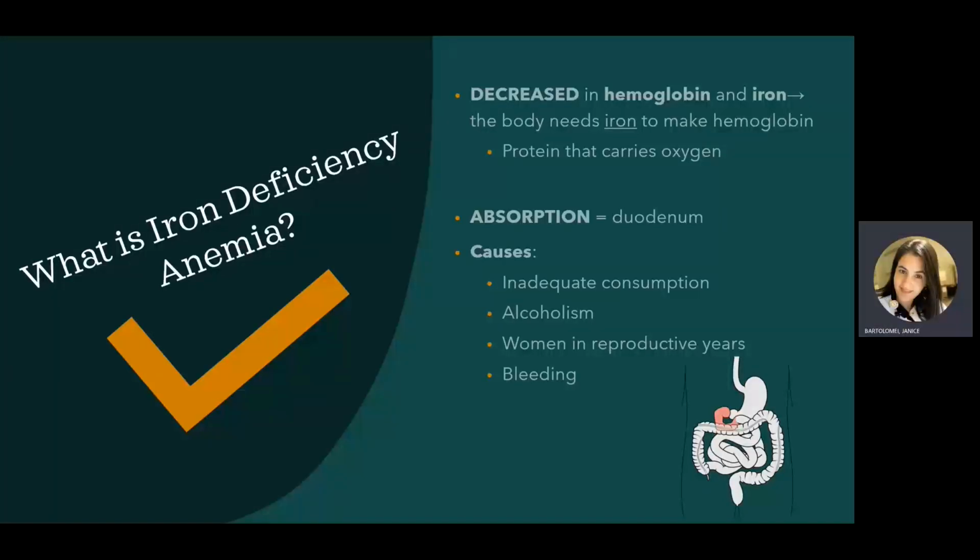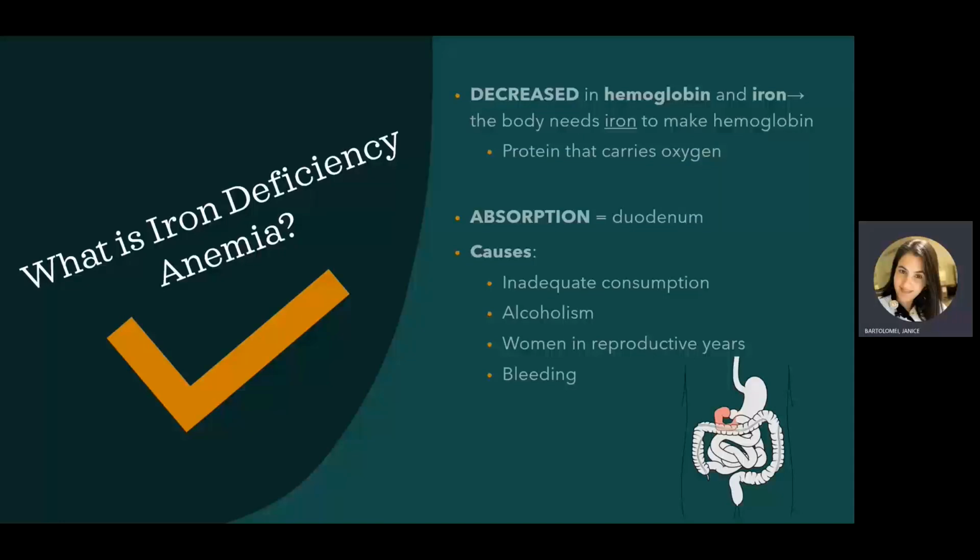Iron is absorbed in our GI tract, specifically the duodenum, and we get iron mainly from our diet. Let me put a parenthesis here too, so you understand.